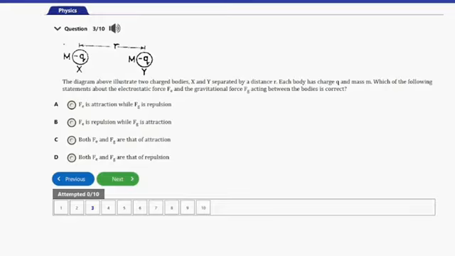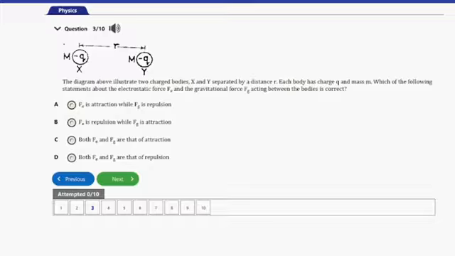Here we have a diagram actually, and the question says, the diagram above illustrates two charged bodies, X and Y, separated by a distance R. Each body has charge Q and mass M. Which of the following statements about the electrostatic force Fe and the gravitational force Fg acting between the bodies is correct?